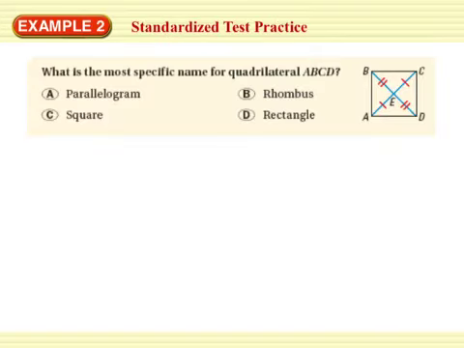Next question. What is the most specific name for quadrilateral ABCD? Okay, in the diagram we see that AE is congruent to EC and BE is congruent to DE. So the diagonals bisect each other. Theorem 8.10 says that it's a parallelogram.